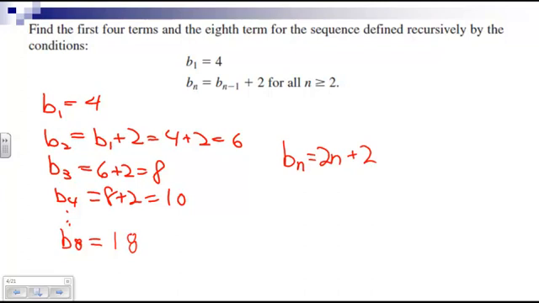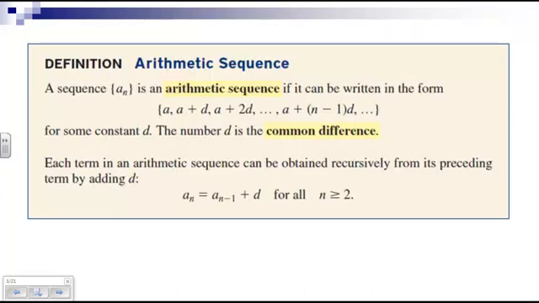It's coming. All right. The sequence that we just looked at has a special name. It's called an arithmetic sequence. An arithmetic sequence is any sequence that can be written in the form a, then a plus d, then a plus 2d, then a plus 3d, and so on and so forth, for some constant d.